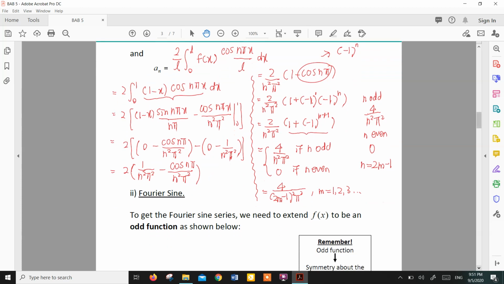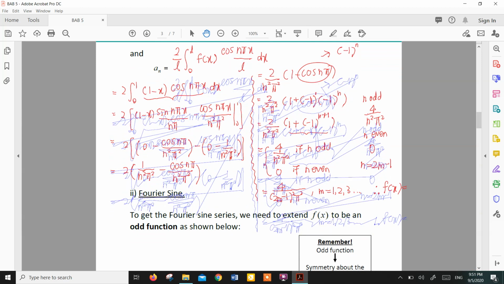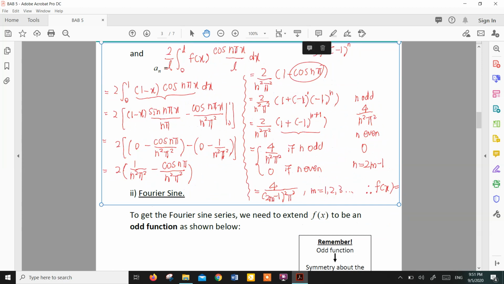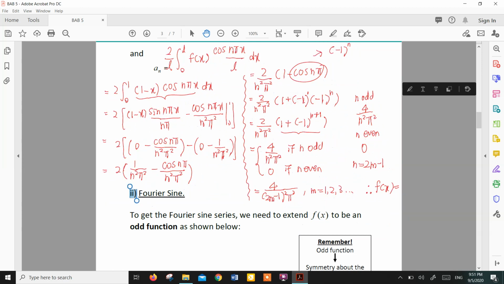Then your function f(x) is equal to the formula of f(x): a naught over 2 plus the summation of an cos(n pi x over L), n from 1 to infinity.